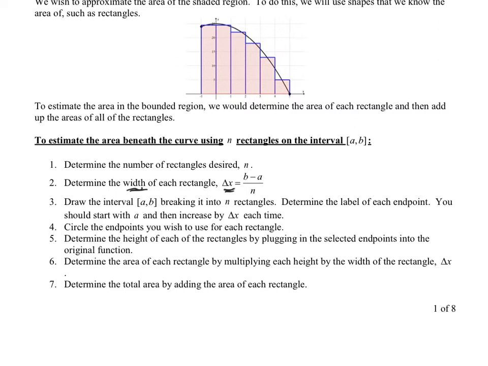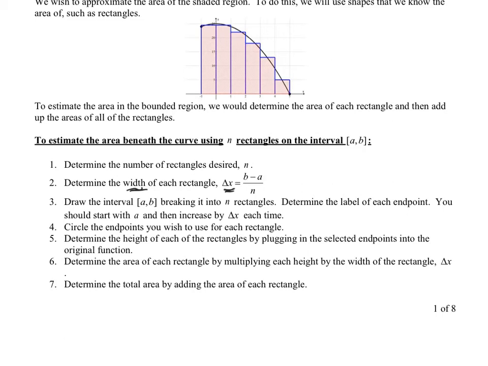So 5 minus negative 1 is 6, divided by the number of rectangles, 6, gives us a width of 1 for each rectangle. If you look at the picture, every one of those rectangles does have width 1. So delta x is just the width of the rectangle, and every one of them is the same. All you have to do is subtract the endpoints, the right endpoint minus the left endpoint, divided by the number of rectangles.